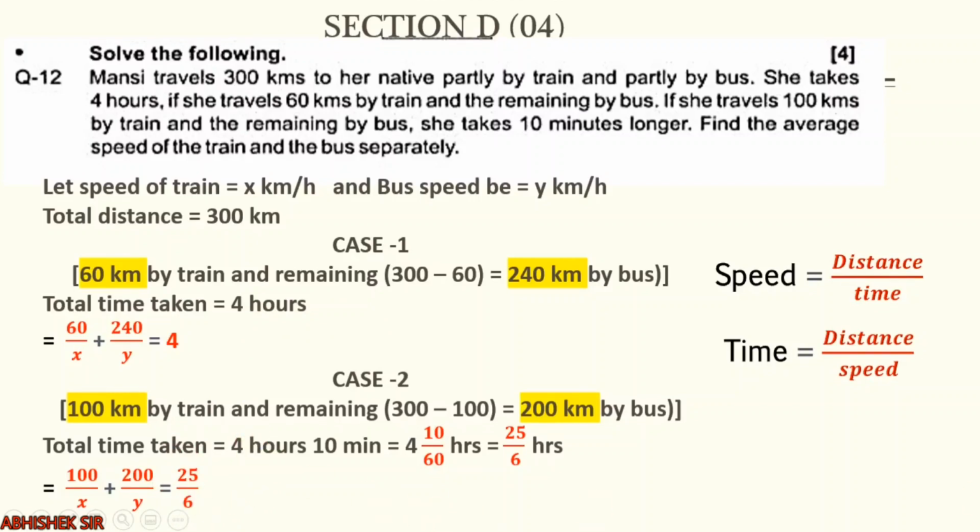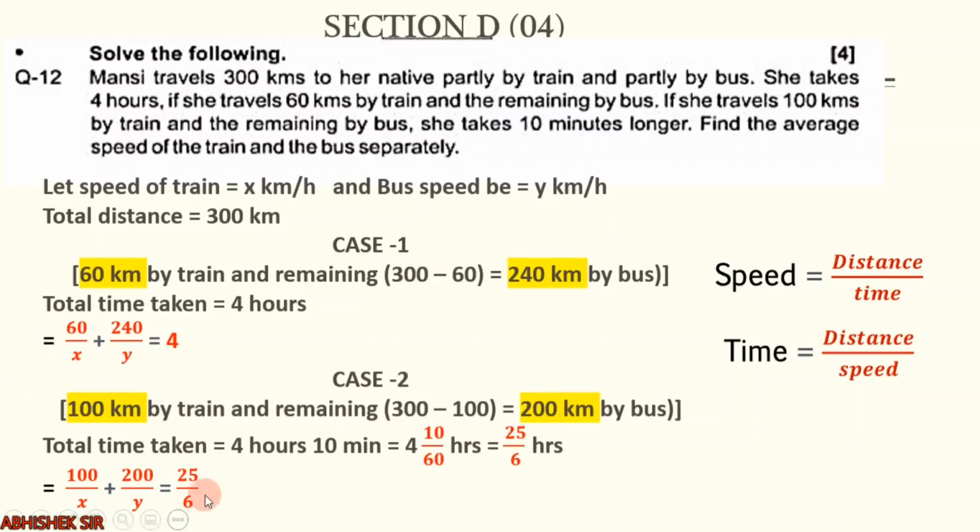This 10 minutes is converted into hours, so 10 upon 60. So 4 plus 10 upon 60 is 4 1 by 6, so 6 times 4 is 24 plus 1, 25 upon 6.